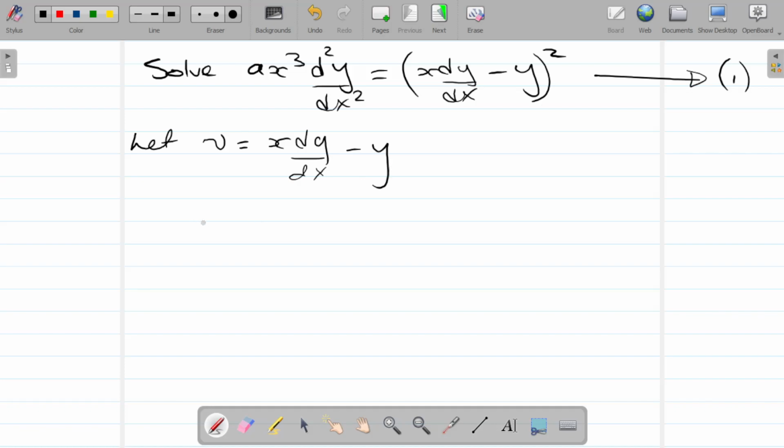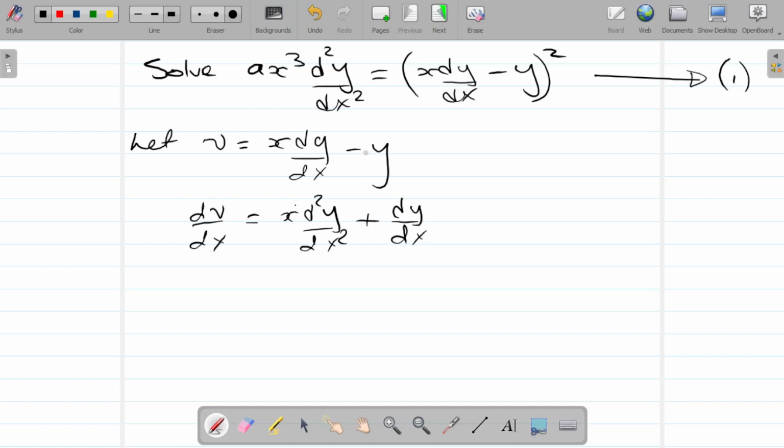So if we differentiate the left hand side, we get dv by dx, and that's equal to, well, we have to differentiate the right hand side via the product rule, so we leave the x alone and differentiate the dy by dx, so we get x d squared y by dx squared, and then we differentiate the x and leave the dy by dx alone to give plus 1, which I won't write down, but it's dy by dx.